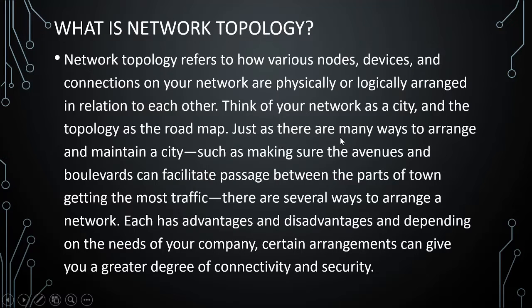Just as there are many ways to arrange and maintain a city, such as making sure the avenues and boulevards can facilitate passage between the parts of town getting the most traffic, there are several ways to arrange a network. Each has advantages and disadvantages depending on the needs of your company. Certain arrangements can give you a greater degree of connectivity and security.